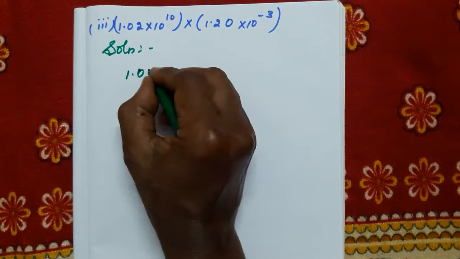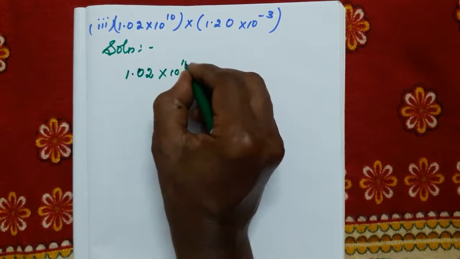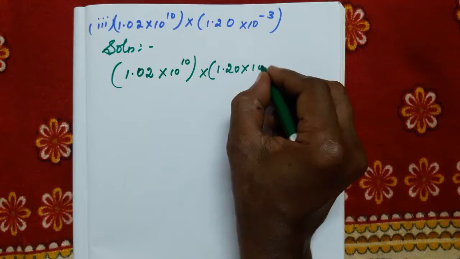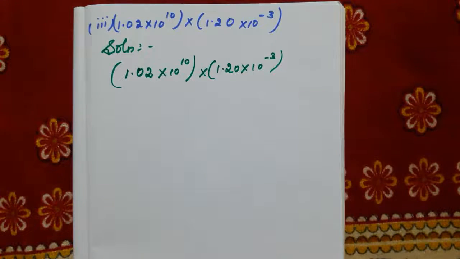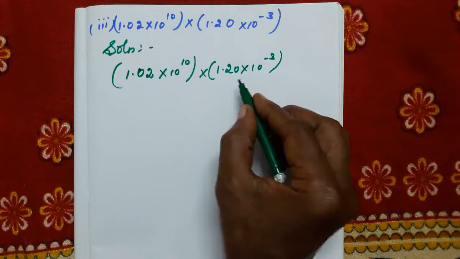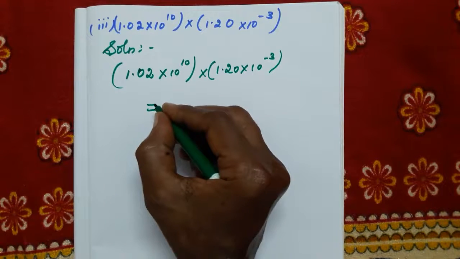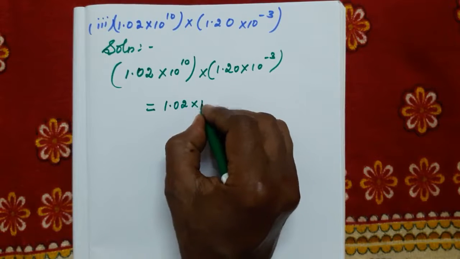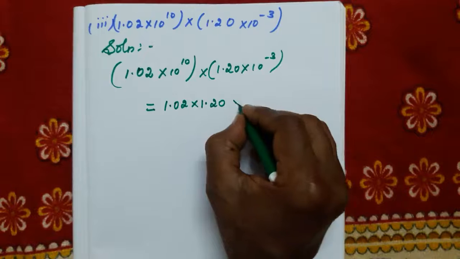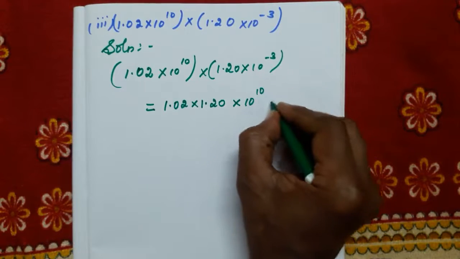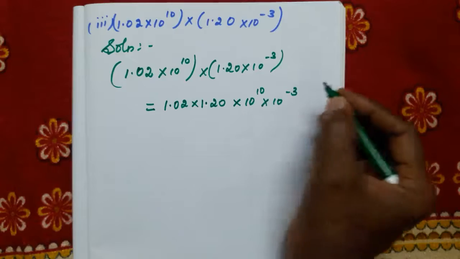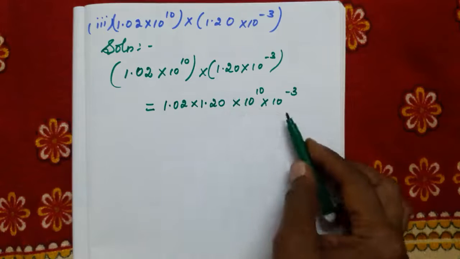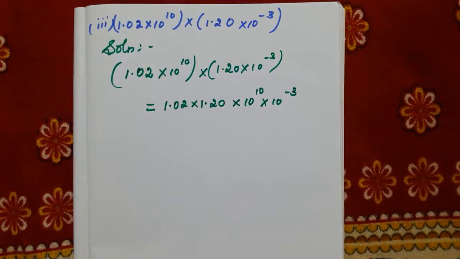Okay, 1.02 into 10 power 10, 1.20 into 10 power minus 3. First we have to take the numbers together: 1.02 into 1.20 into 10 power 10 into 10 power minus 3.